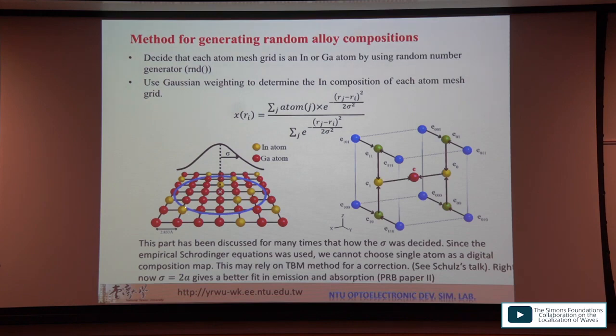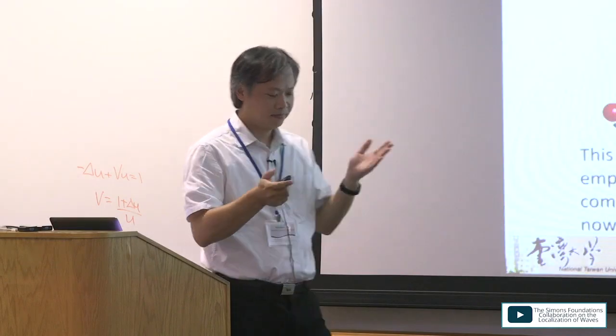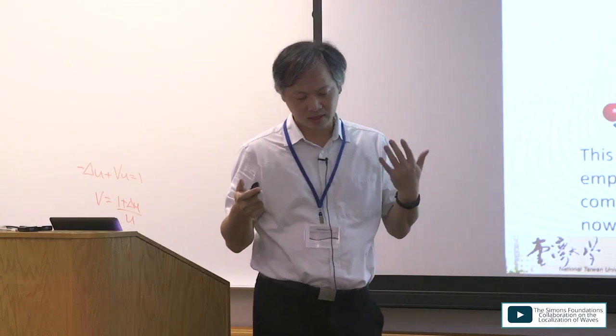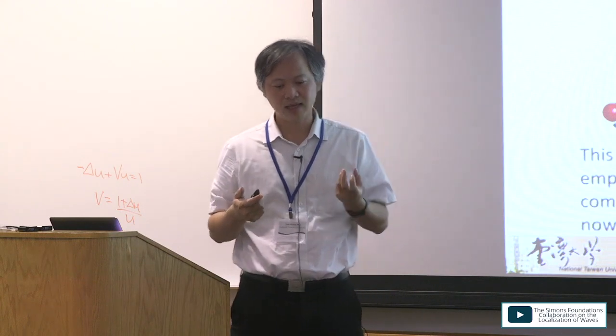Then we found that if we don't take an average, our composition is like a digital quantum well, either 1 or 0. Jim suggests that even if you take 1 or 0, you can get the potential after calculating the effective quantum potential, and that should be right.